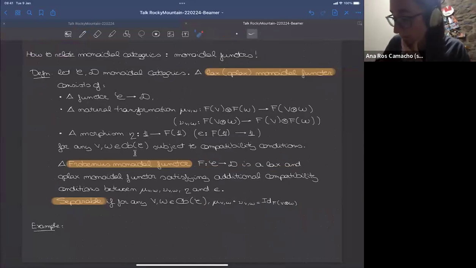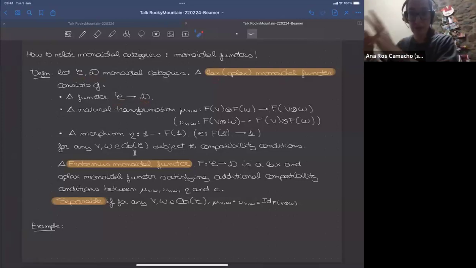So if you give me two monoidal categories, I'm going to define a lax monoidal functor to be a functor between one category and the other, and then a natural transformation that relates the product of two images with the image of a tensor product of objects in here, and a morphism that relates the unit in the target category, well, in D, with its image of the unit in C.